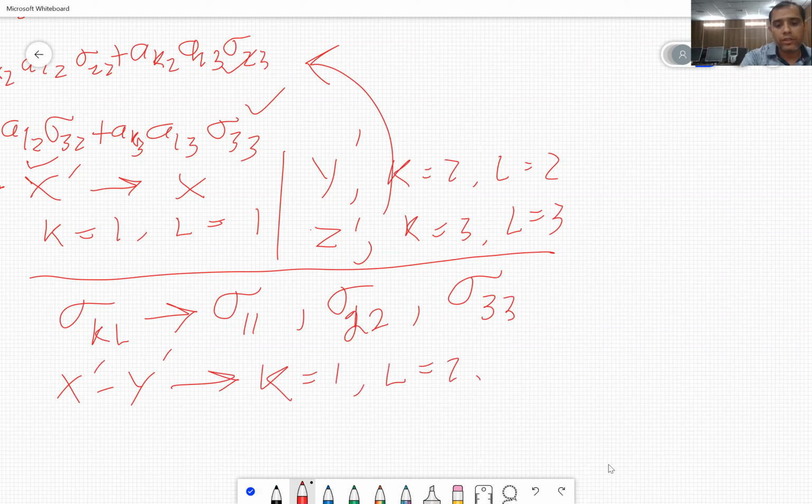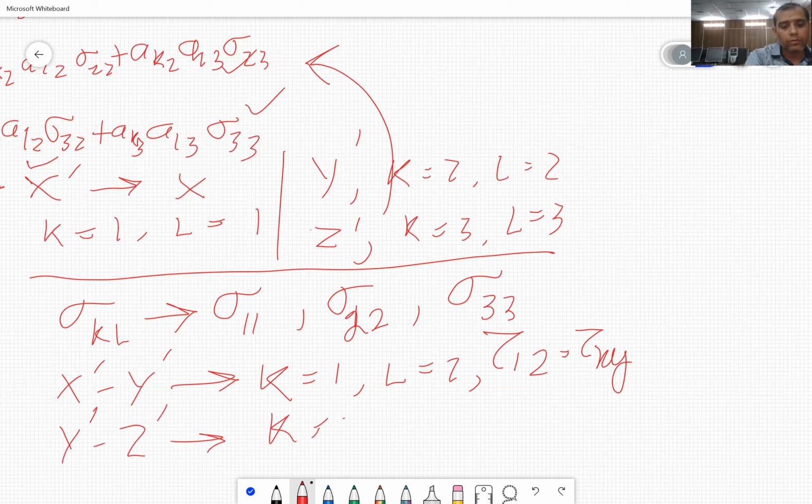So what will be the stress there now? No, it will not be the normal stress, it will be the shear stress, that is sigma 1 2, or we can say that is called sigma xy. Similarly, if it is y dash and z dash, then k is equal to 2 and l is equal to 3, and it will be tau yz or tau 2 3.